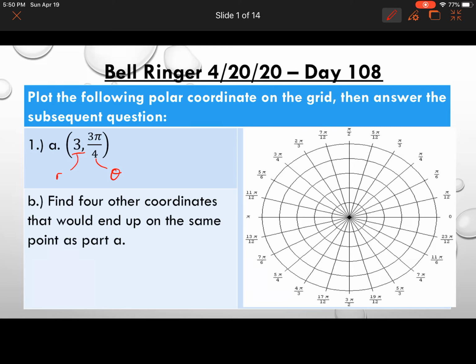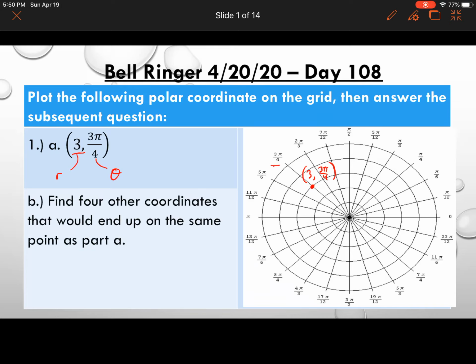So 3π/4 is over here. And we want 3, so 3 units away from the center. So we got 1, 2, and 3. That is where our point is going to be. So (3, 3π/4). All right, so there you go.